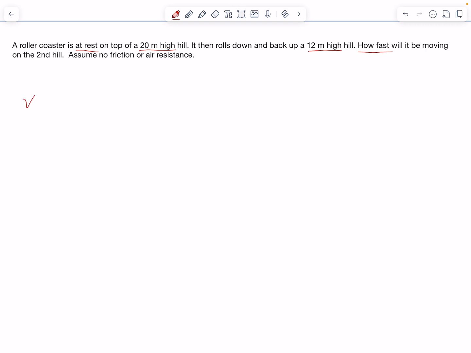Okay, so if something is at rest, I know it starts at 0. I have a height of 20 meters, and I have a height of 12 meters, and I'm trying to find a v. So I have 2 v's and 2 h's. That's kind of weird. So once again, if I don't understand what the problem is saying, I draw a picture. So we have 2 hills.